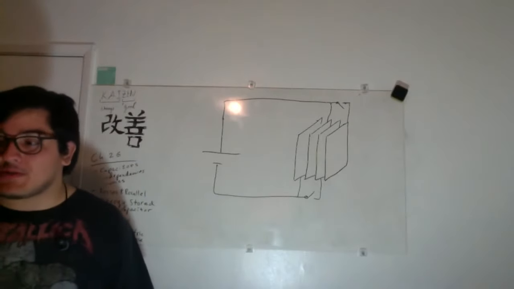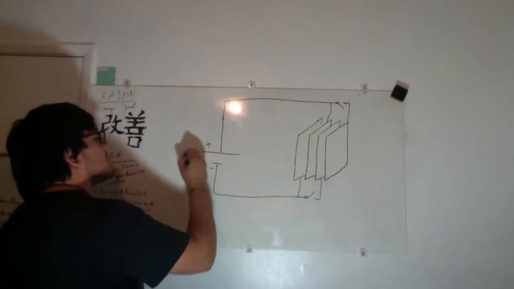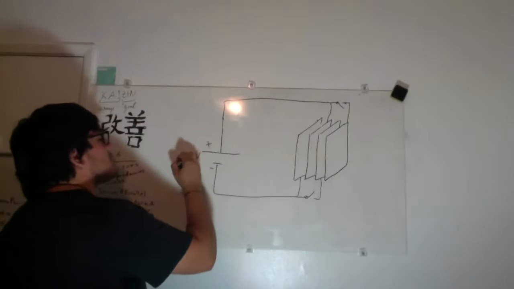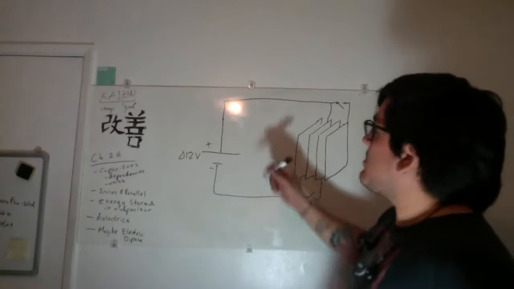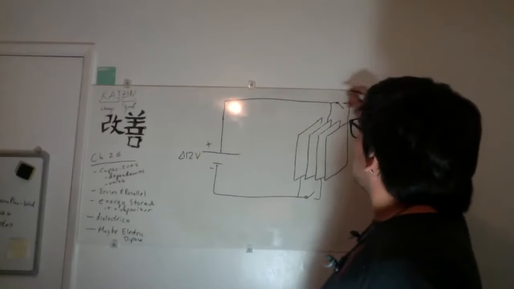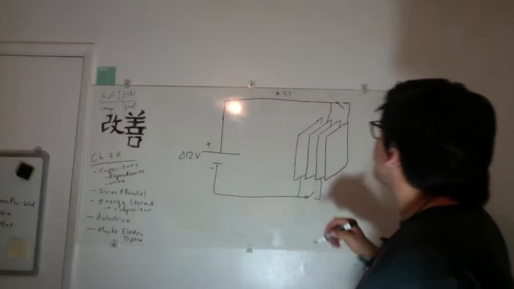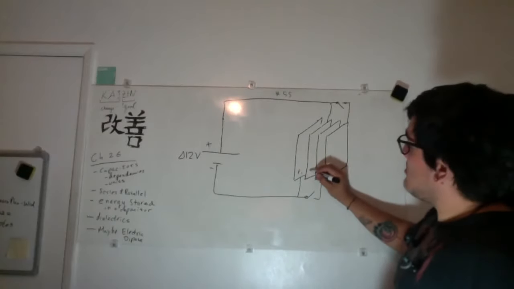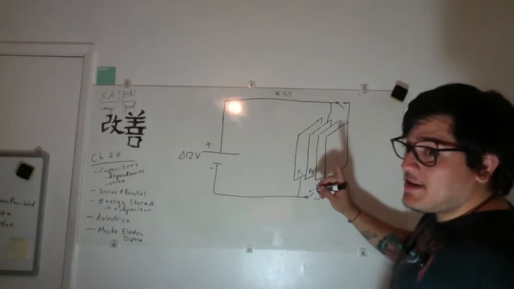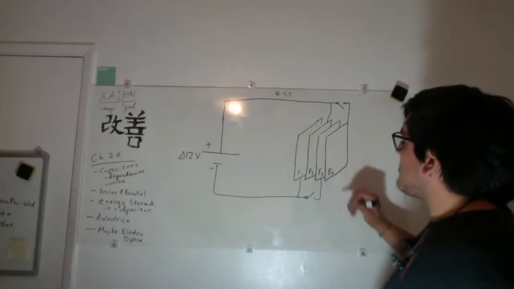Okay, this is a really fun problem. This is number 55. And it says this is plate P1, plate P2, plate P3, and plate P4.